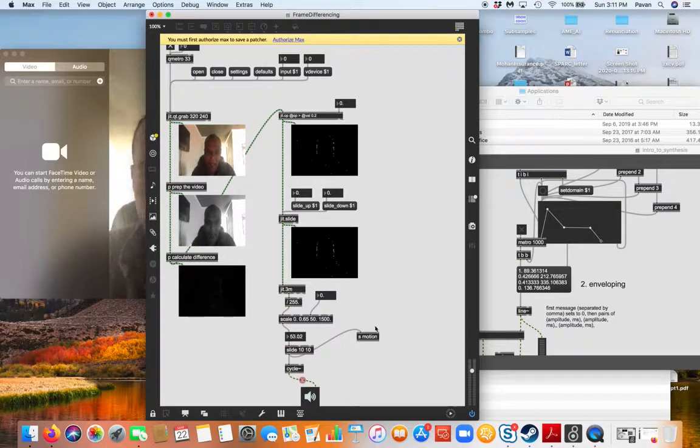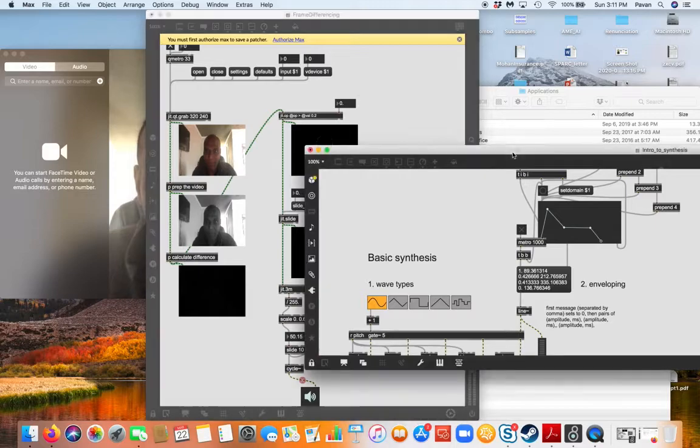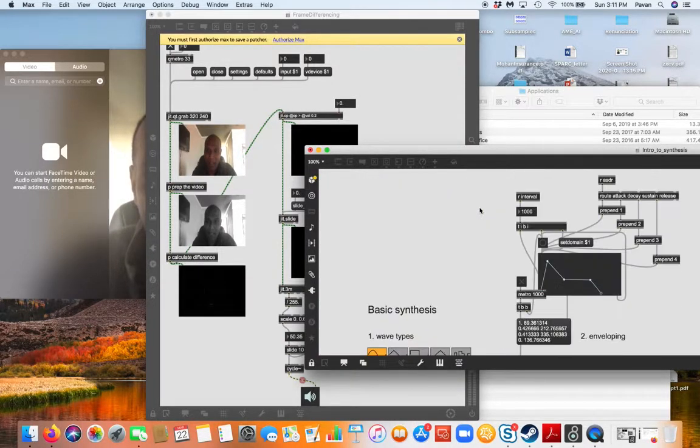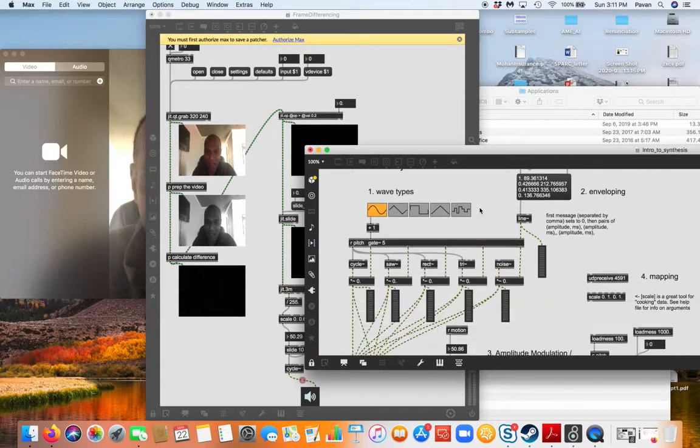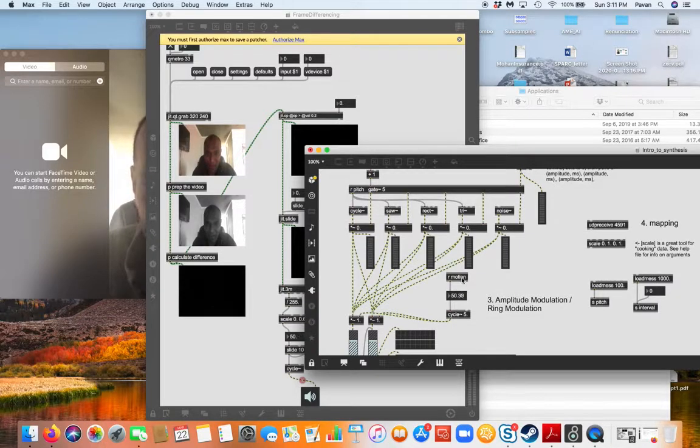So I wrote this little object, which is S. S is for send, so I can communicate between patches. So you don't have to copy paste everything into one big patch. This signal that's flowing in, I'm saying send with a variable named motion, and in my amplitude modulation patch, I receive it, R motion. It's already streaming in here.